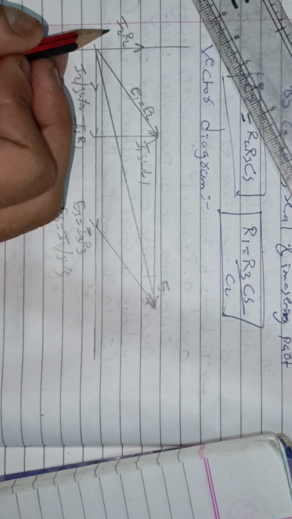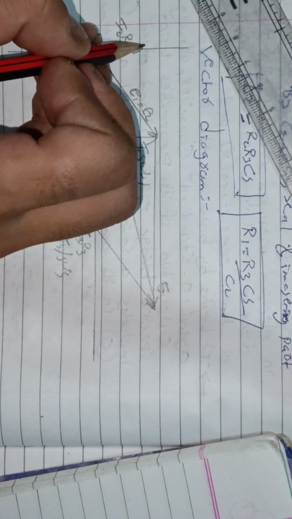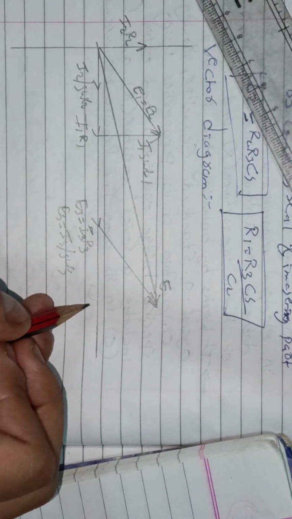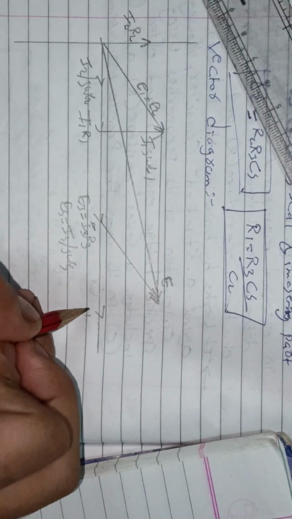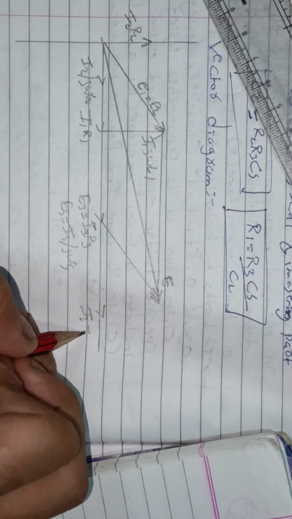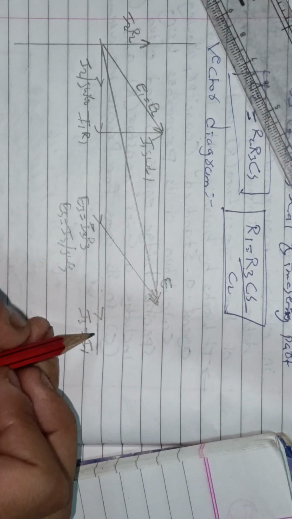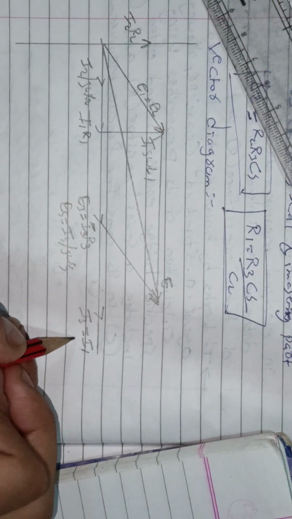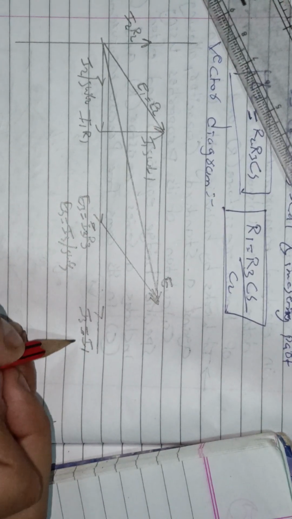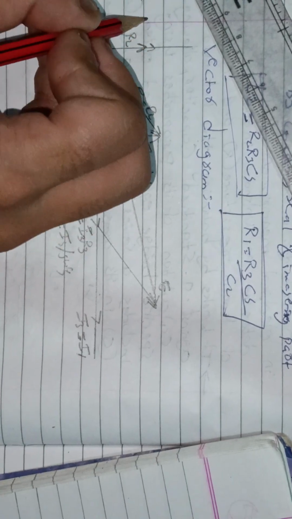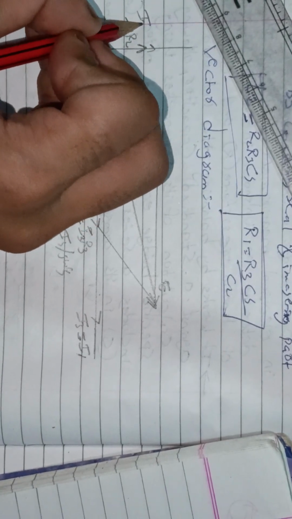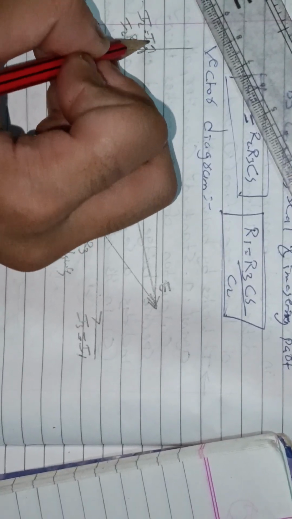Here I2 equals I4 and I3 equals I1, because in series the current is the same. When you refer to the circuit diagram, you will find I3 and I1 have the same value, and I2 is the same current which flows through the branch I4.